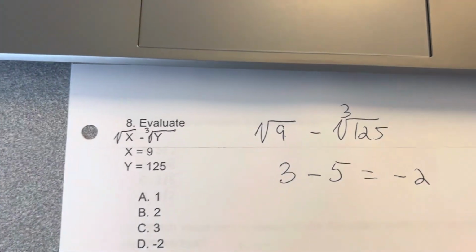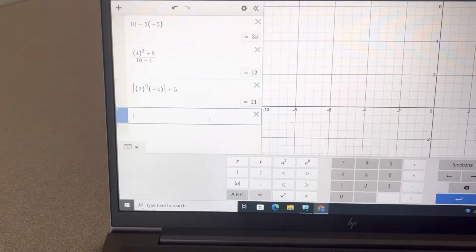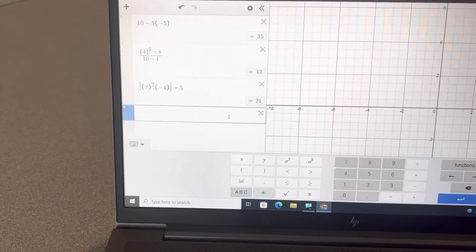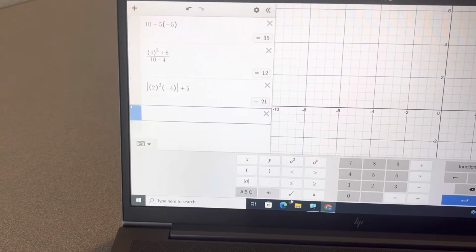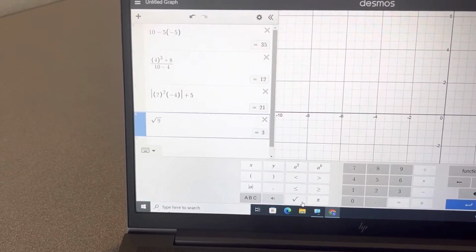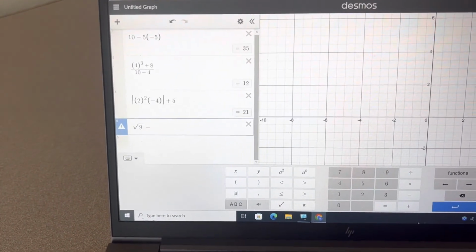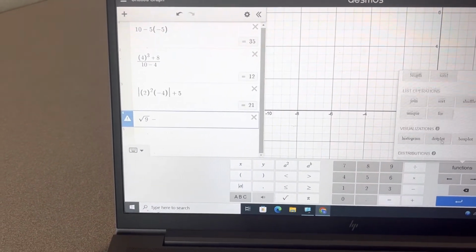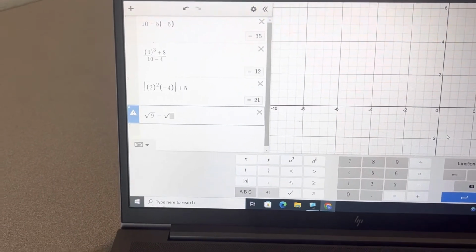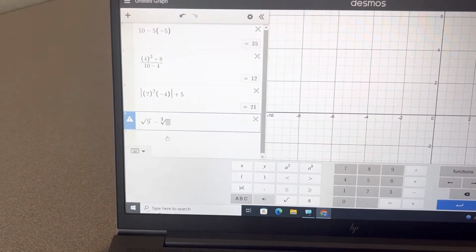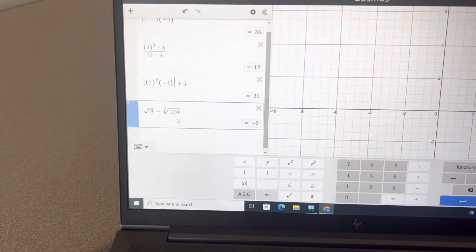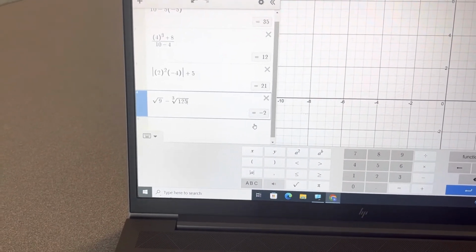If we need to do it on Desmos, just put the square root of 9 minus. Now the cube root, you go to functions, scroll all the way down and you hit that button and you have 3, 125, and there you go, voila, gives us negative 2.